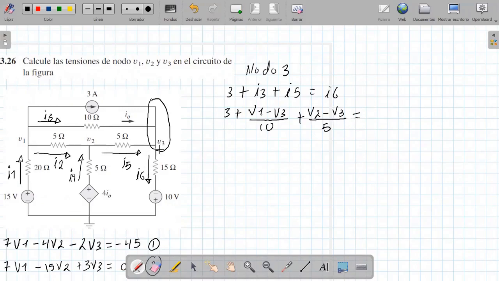Let's observe that the current is the one that comes this way. Here there is a force exerted by V3, and since this source is downwards, instead of opposing it here the force is added. That same side would be plus 10 over 15.